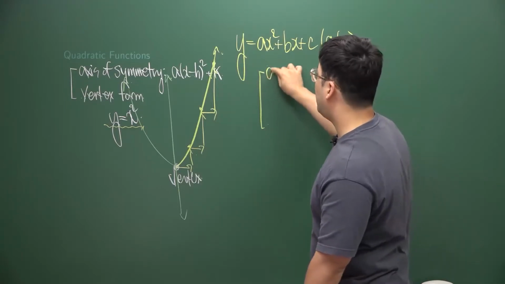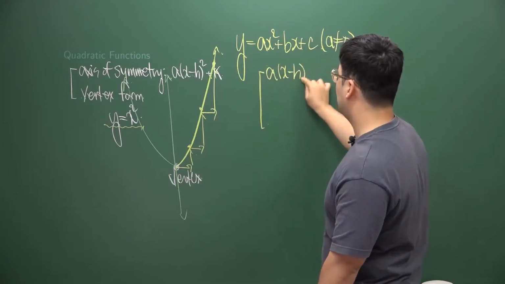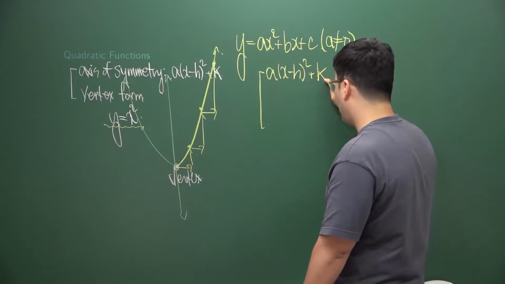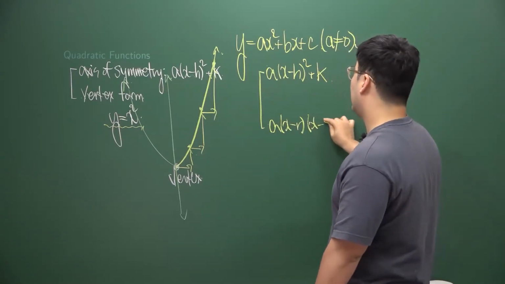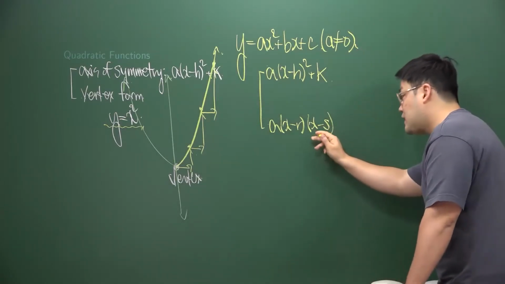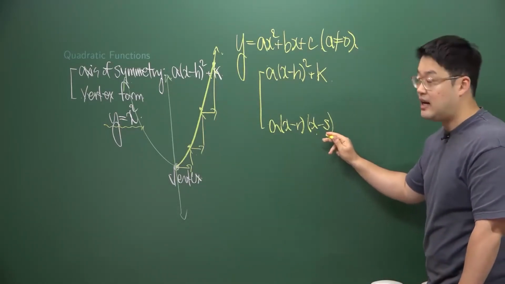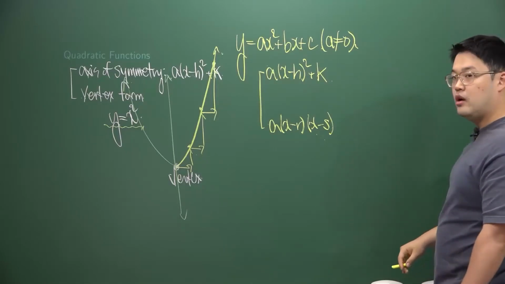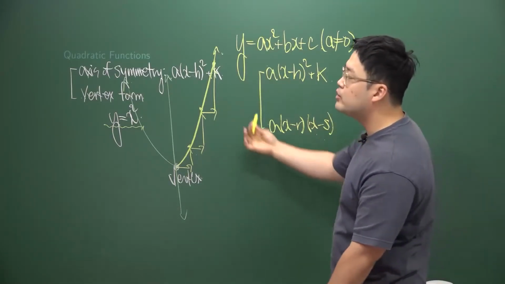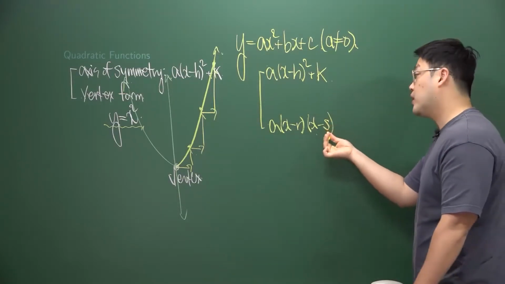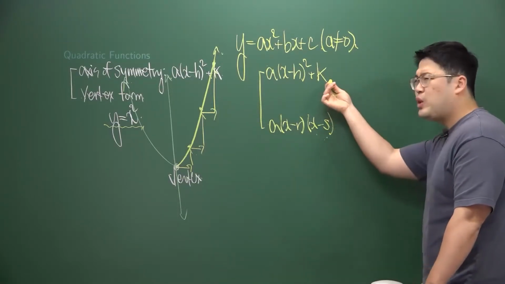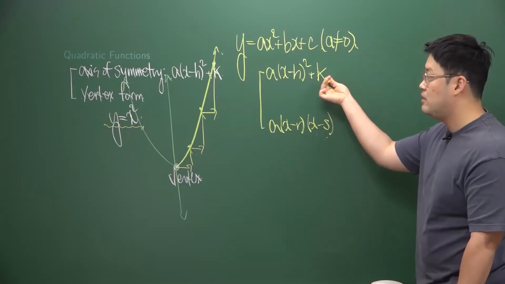One is a times x minus h squared plus k, which is known as the vertex form, and also x minus r times x minus s, which is the intercept form. This was introduced by François Viète, a French mathematician who's the modern father of trigonometry and algebra. This is super important in competition math, but I think this one is more important in GPA materials.